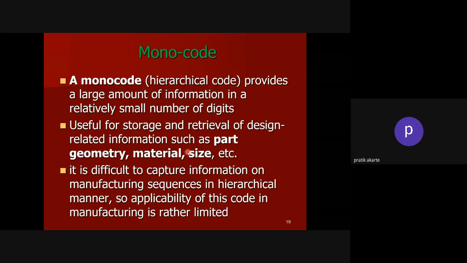But it is difficult to capture the information on manufacturing sequences in a hierarchical manner. That's why the applicability of this code in manufacturing is rather limited. So that is what we call monocode.